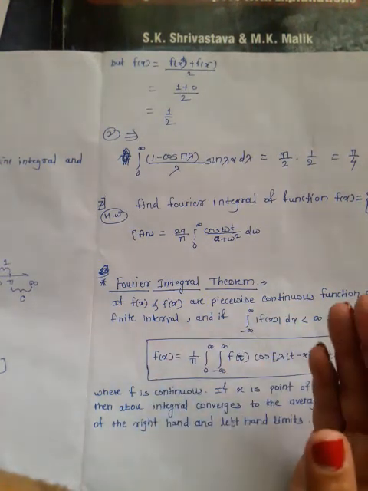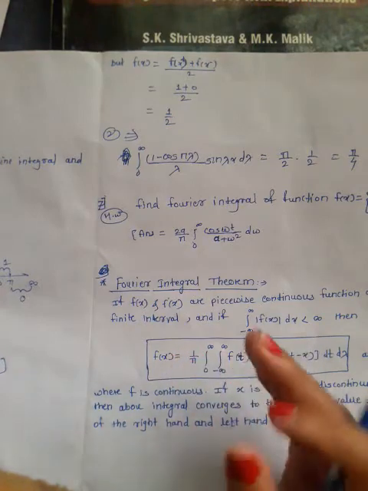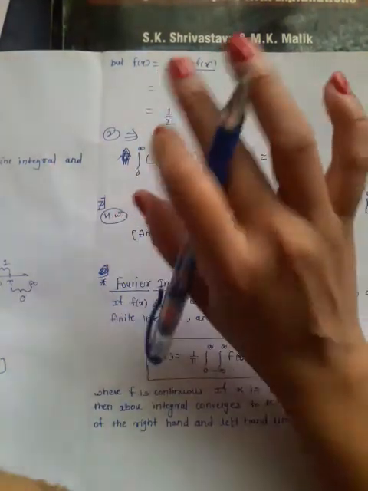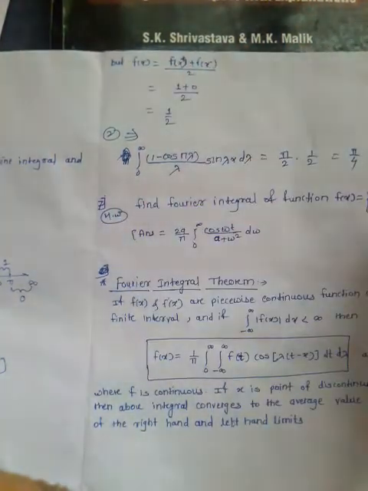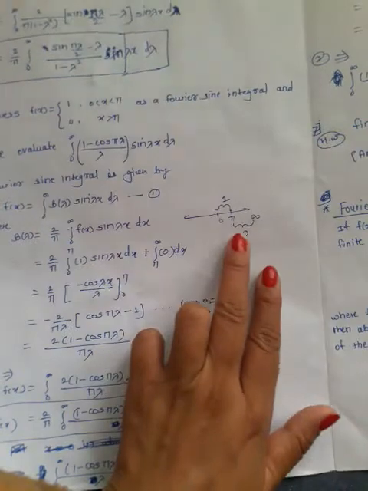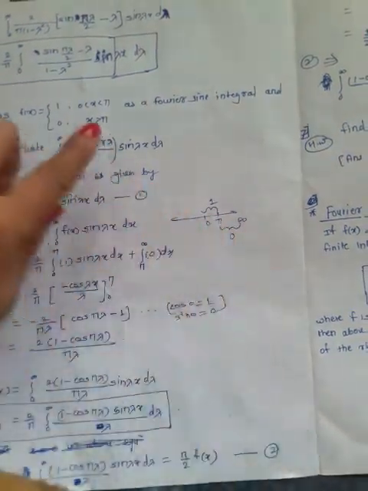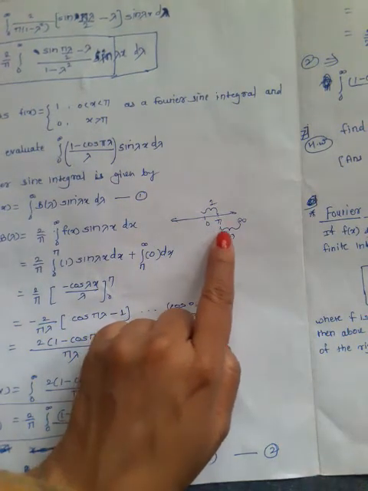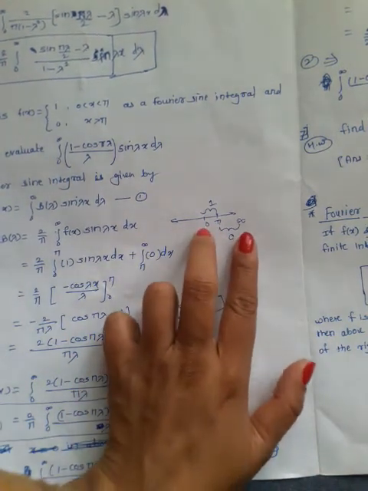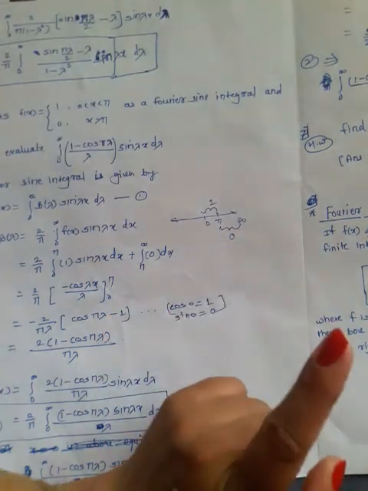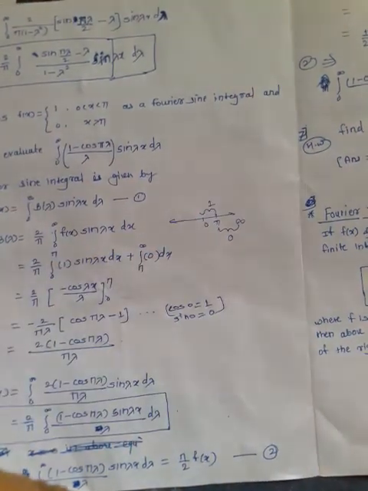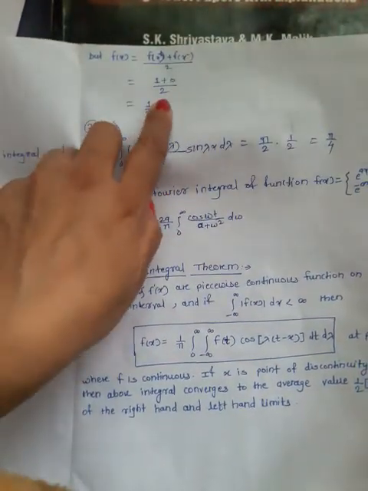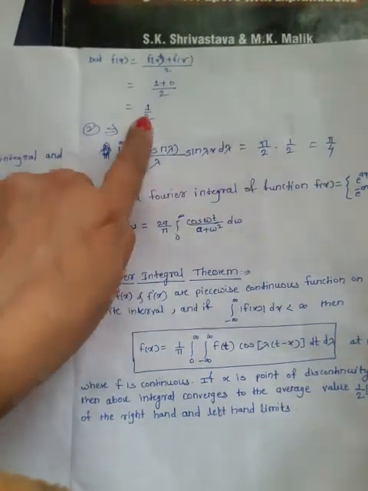The average of those two is the original function value. These are the two intervals: 0 to infinity contains f(x) split into two, the first interval 0 to pi and the second interval pi to infinity. The addition of these two function values divided by 2 becomes the original function's value. That's why f(x) is 1 plus 0 divided by 2, which means the answer is 1 by 2.